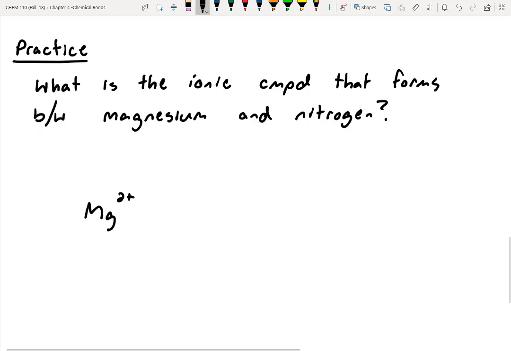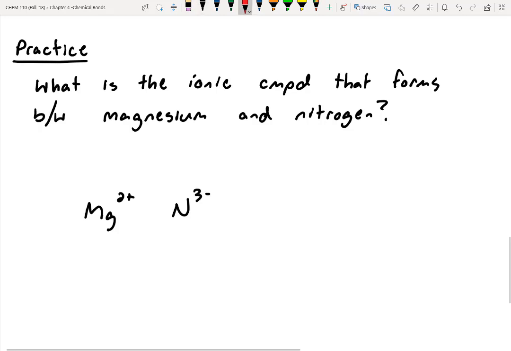And then nitrogen, if we look at the periodic table, is in group 5A. So what charge would it have? -3. It's easier to gain 3 than to lose 5, right? So nitrogen being in 5A, it's closer to 8. So we'll say 3-. Okay?